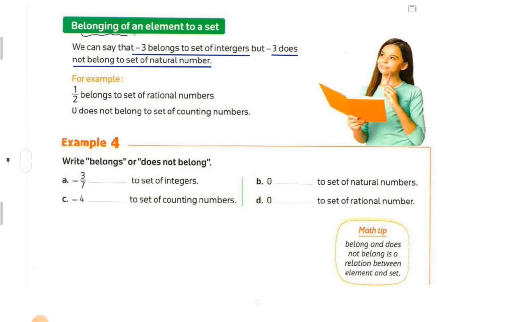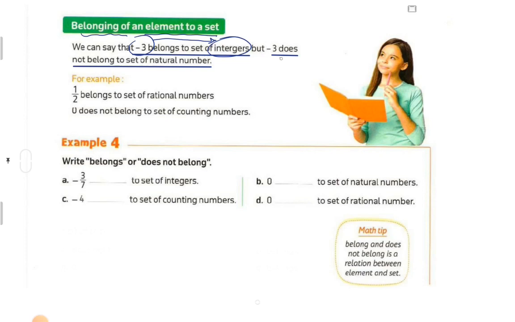Belonging of an element to a set. What does that mean? When you want to say that negative 3 belongs to the integers, I know that negative 3 is an element of the integers, so I say that negative 3 belongs to the set of integers.